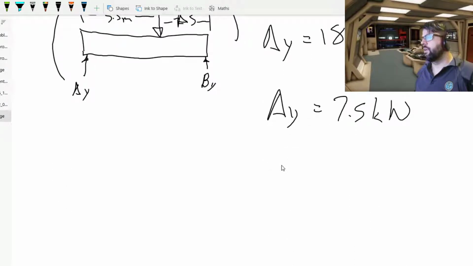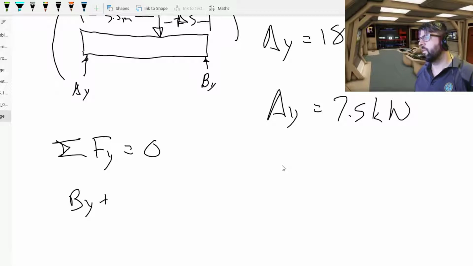The next thing to do would be to get the sum of the forces in the y direction and have that equal to 0. So we've got BY, we've got AY, and we've got minus 18 kilonewtons. That's equal to 0.